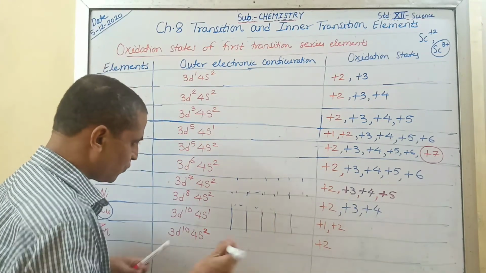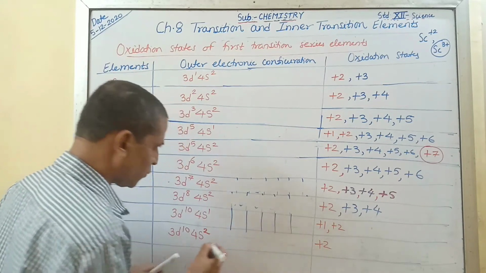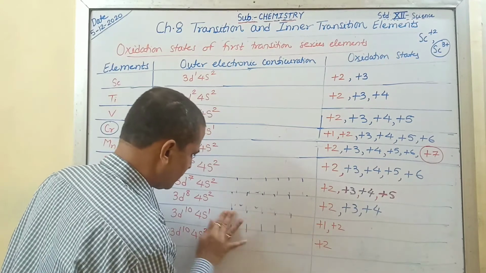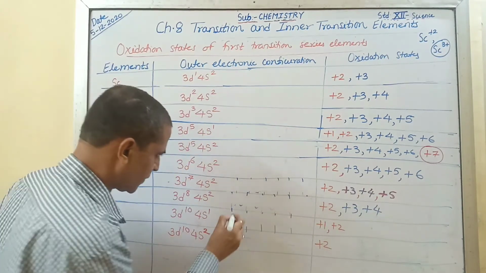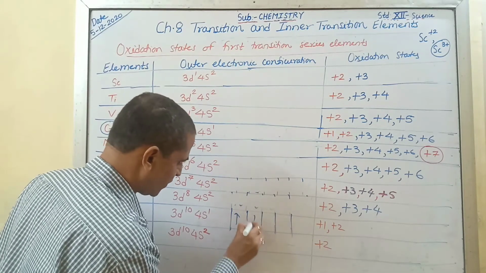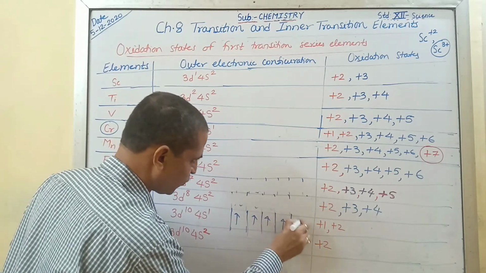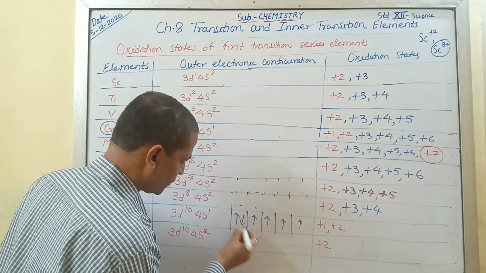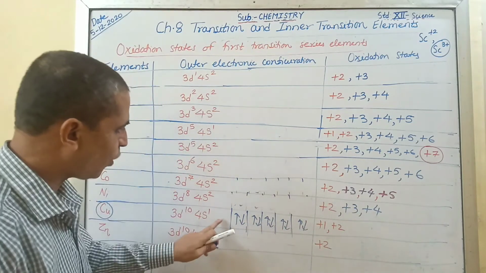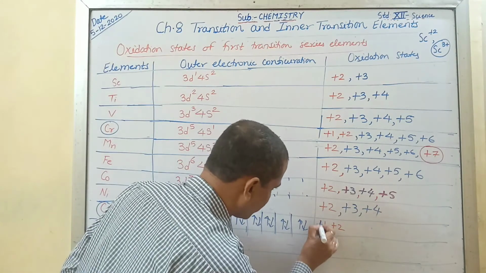Copper can show two types of electronic configuration. 1 2 3 4 5, 6 7 8 9 10. So all are paired. Here you get +1.